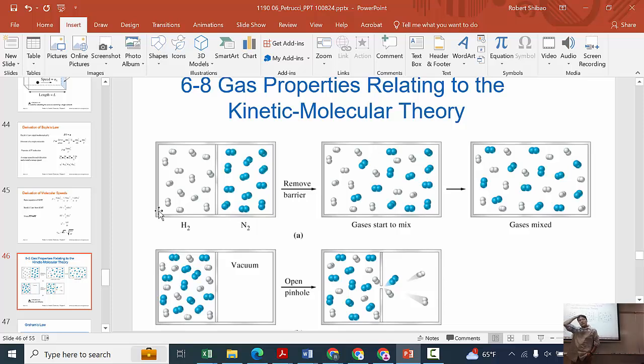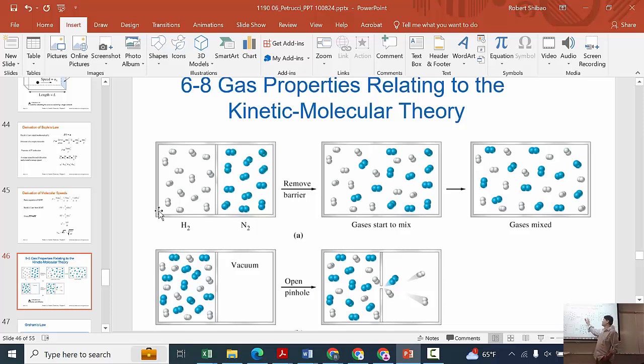But one of the things that we think about is we also have to consider something called entropy. And with entropy, that's what's driving this. Entropy is going from a more ordered, this is more ordered, to a more disordered state. That's a driving force. And so we're not going from a less stable to a more stable, we're going from a more ordered to a more disordered state.